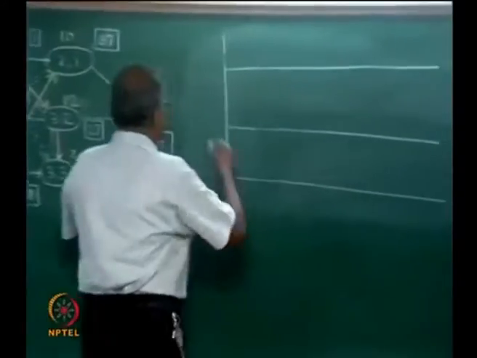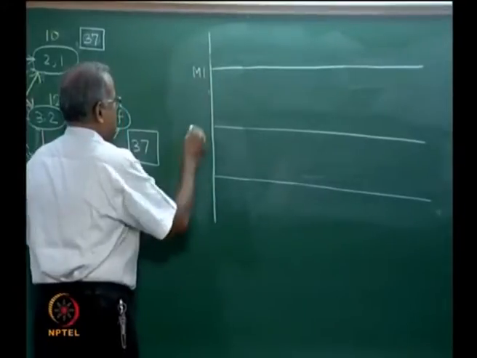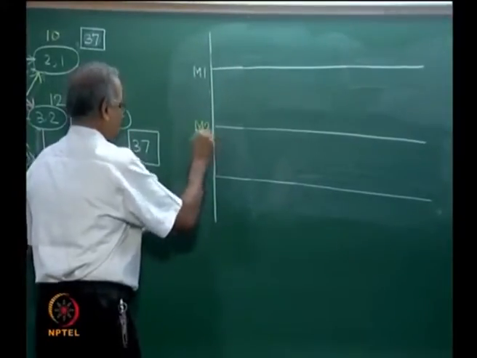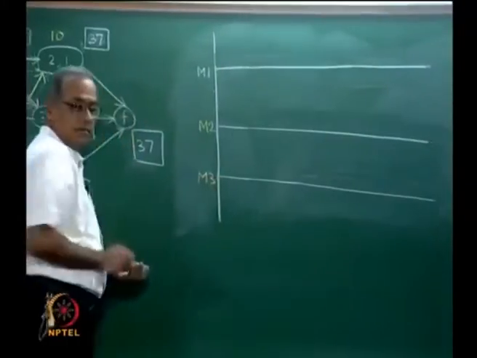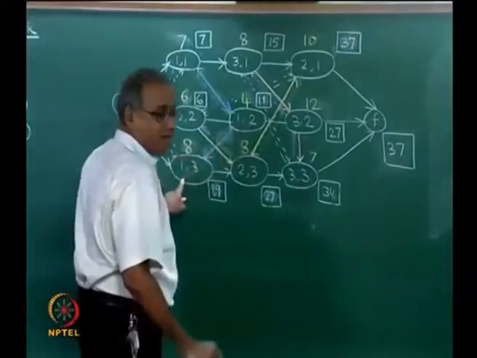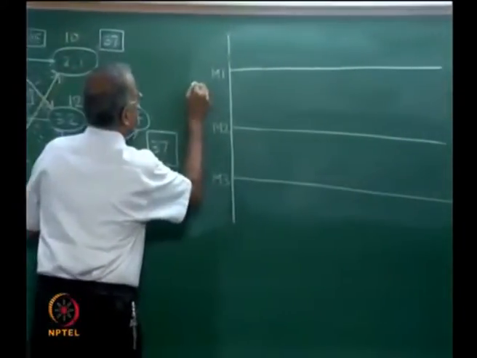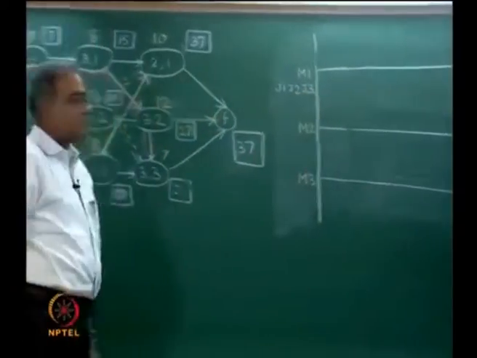On the Gantt chart, this will be M1, this is M2, and this is M3. So, the sequence on M1 from this comes from 1 1, 1 2 and 1 3. So, the sequence is J1, J2, J3.